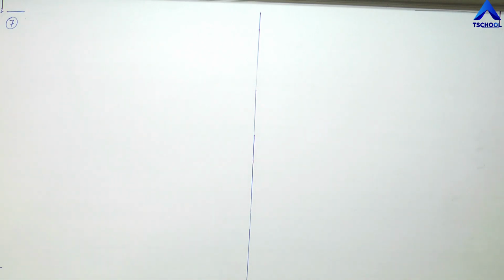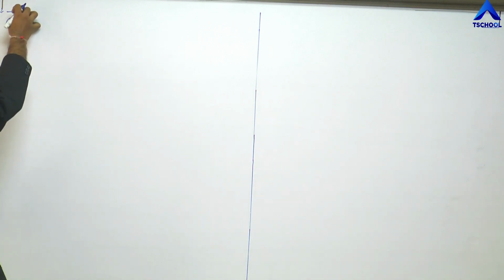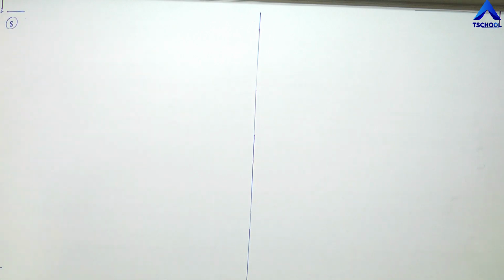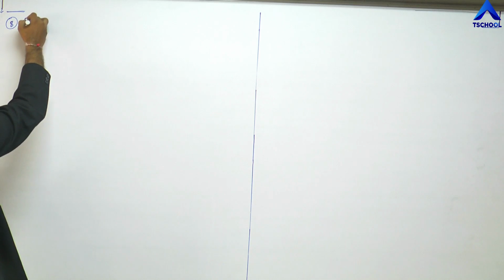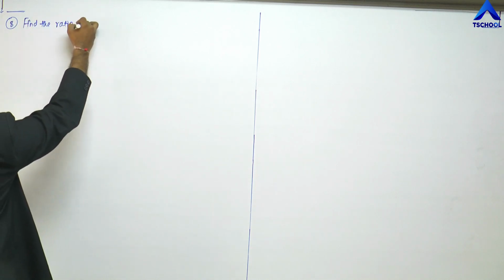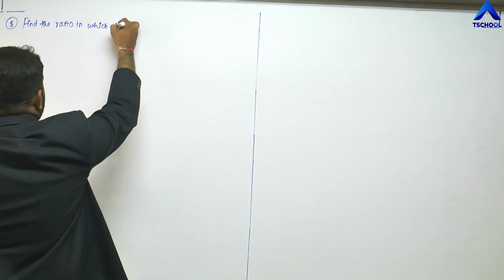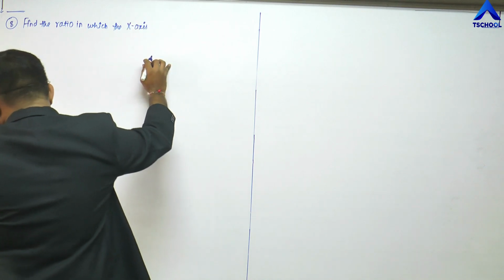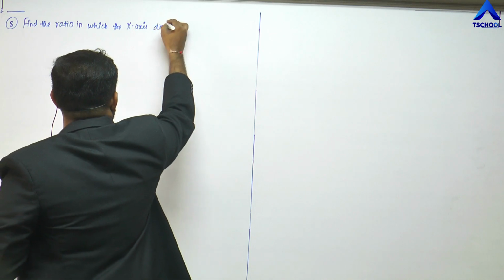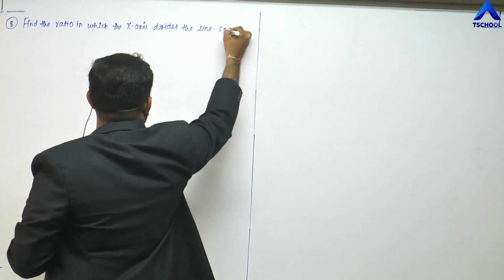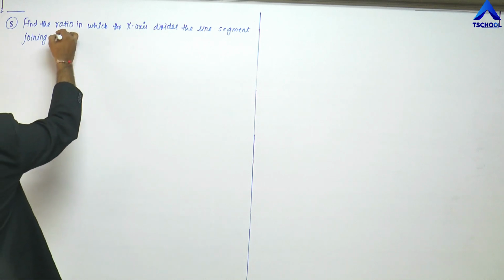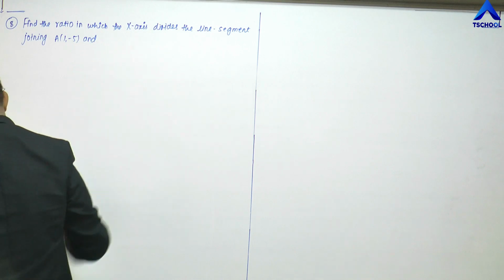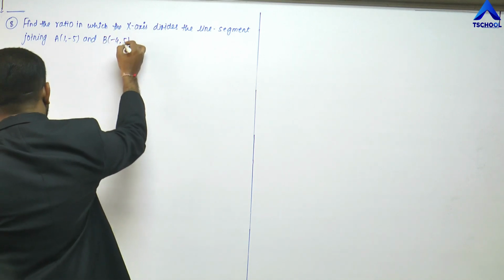Okay, so next one, that is the 8th one. The question is, find the ratio in which the x-axis divides the line segment joining A 1 comma minus 5 and B minus 4 comma 5.